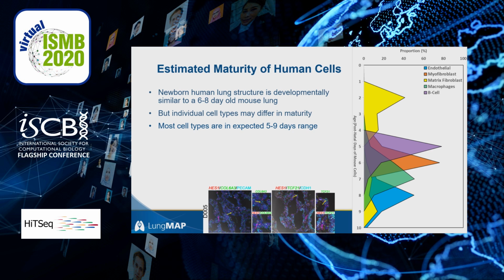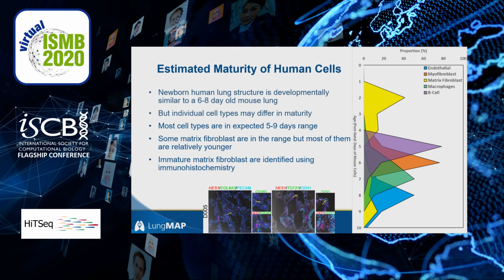However, when we looked at the matrix fibroblasts, we could see some of them were in that range, but the majority of them were much younger. And one of the markers of these cells was HES1, and using immunohistochemistry, we could clearly identify cells that were distinctive in terms of HES1 expression.